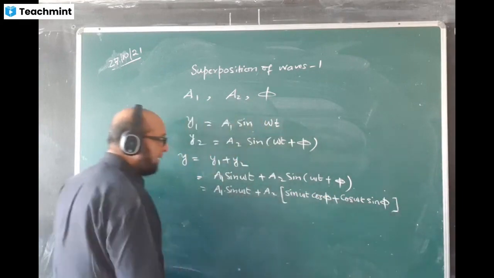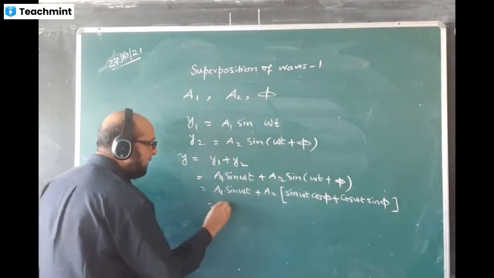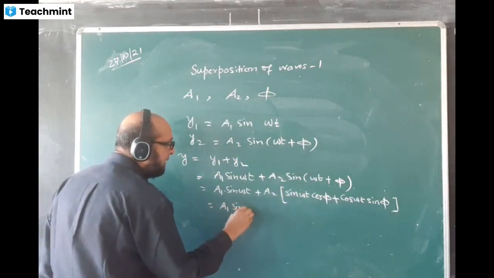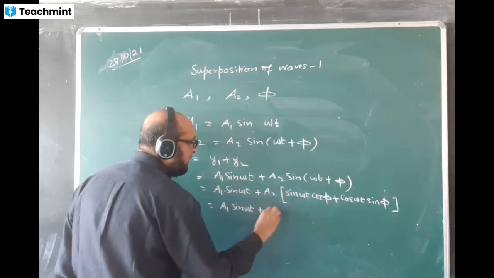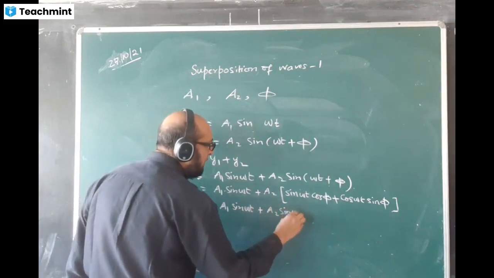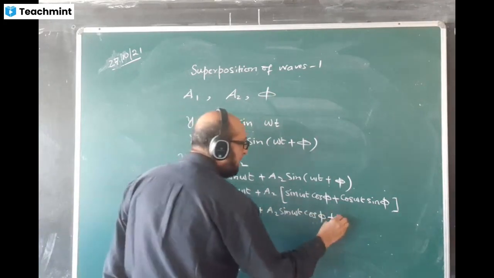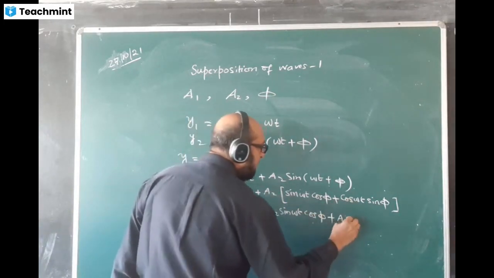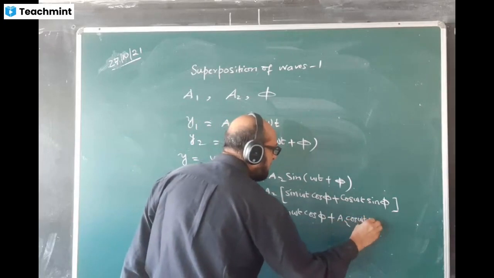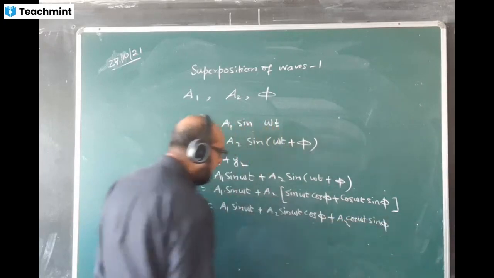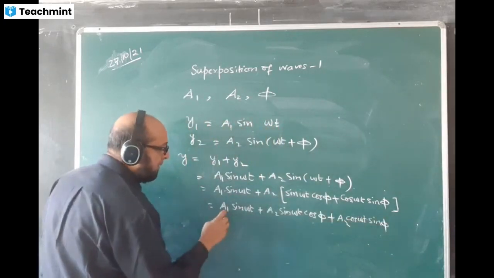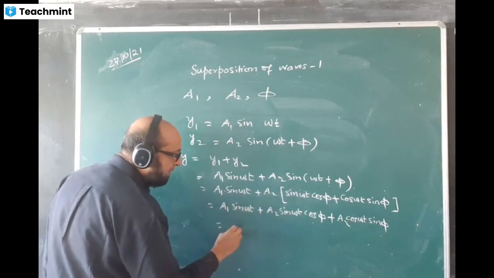Using that formula, I'll open the bracket. You get A1 sin omega t plus A2 sin omega t cos phi plus A2 cos omega t sin phi. I will take sin omega t common.